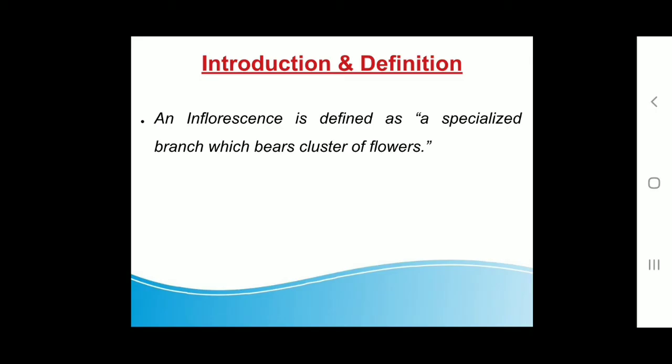See here, an inflorescence is defined as a specialized branch which bears a cluster of flowers. It comprises main axis, stalk of individual flowers, bracts, bracteoles and flowers. Bracts and bracteoles are special leaves. Colored or green bract that covers the entire inflorescence is called spathe.